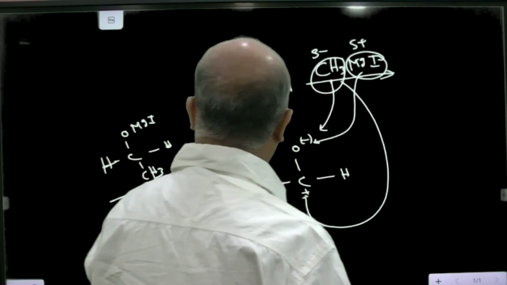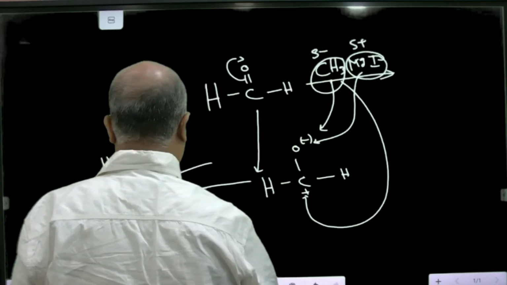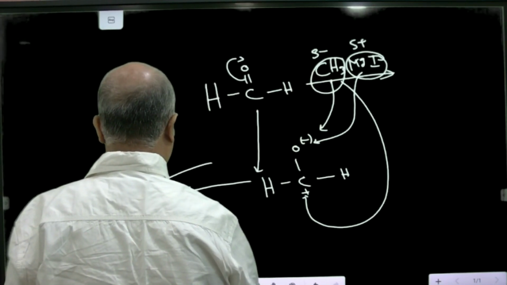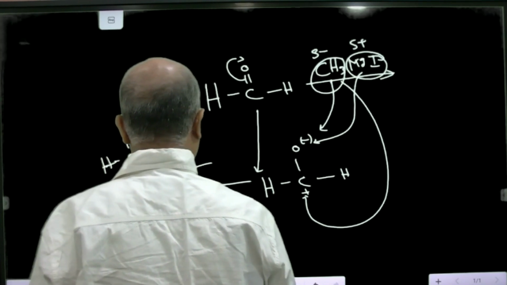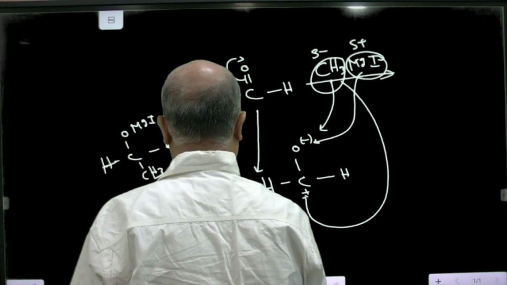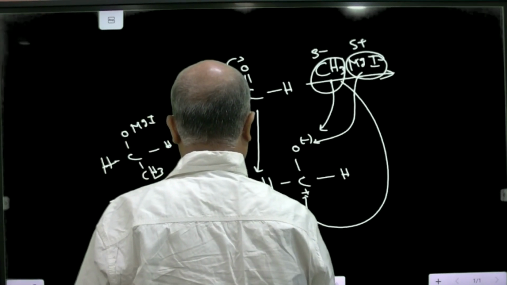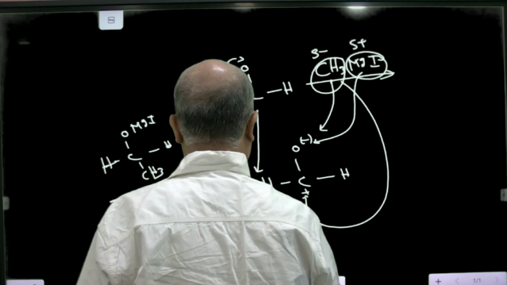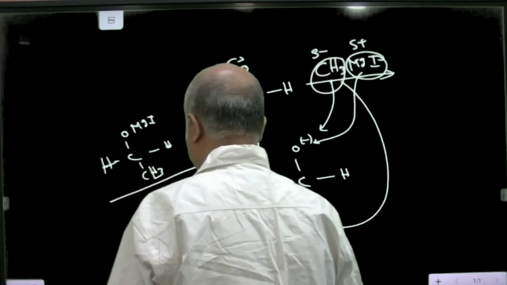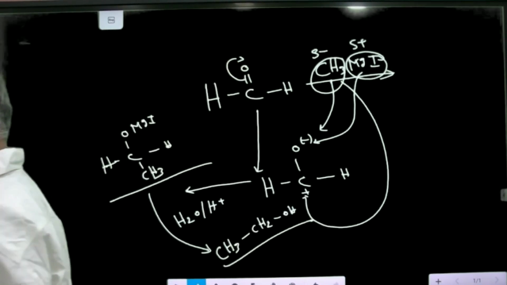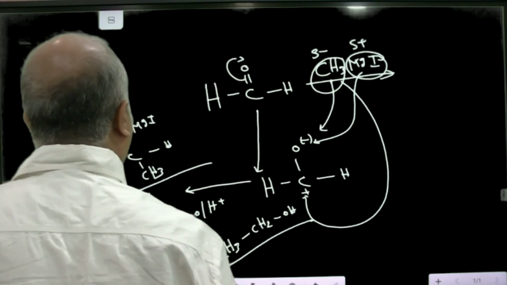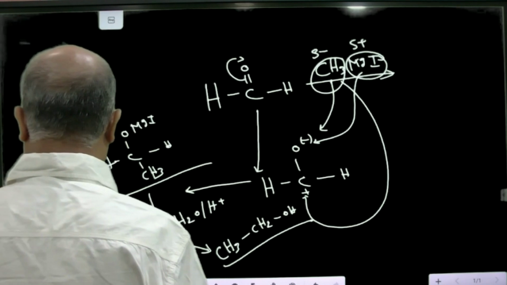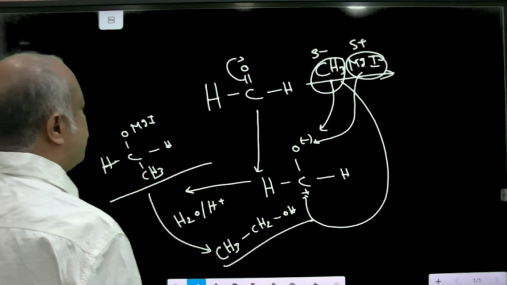After the hydrolysis, it will give the primary alcohol like this one. So that is the big question: formaldehyde to ethanol conversion, you can apply this method.